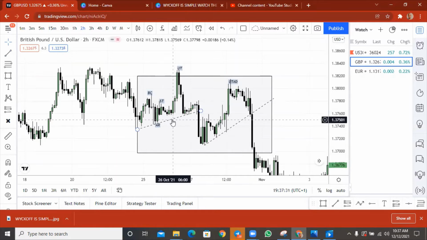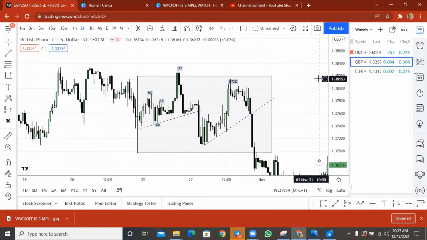But the major thing is that you should make sure you understand your market structure and the different points in the markets where there could be reversal. Understand where imbalances are, liquidity, order blocks, and keep to your rules, stick to them, be profitable in the long term, right?